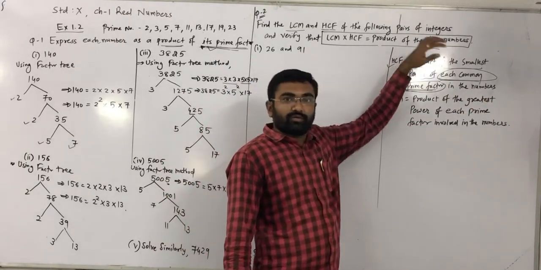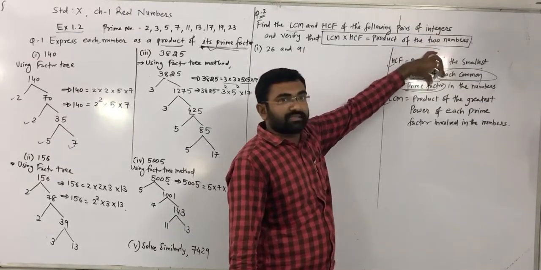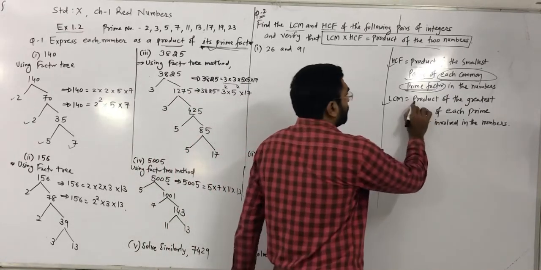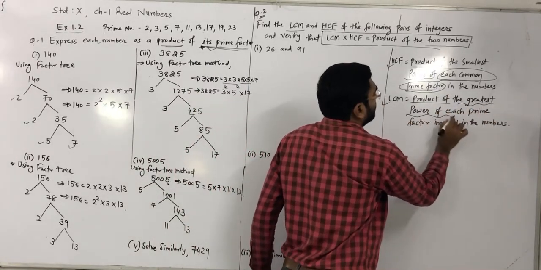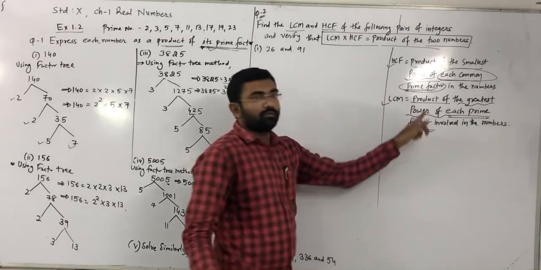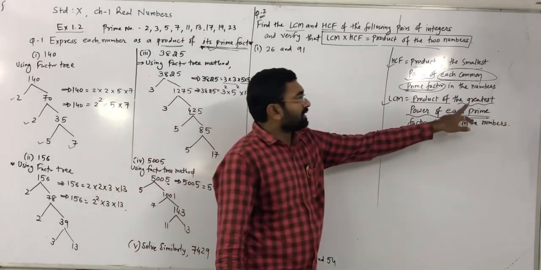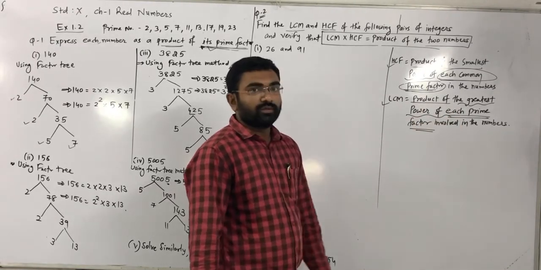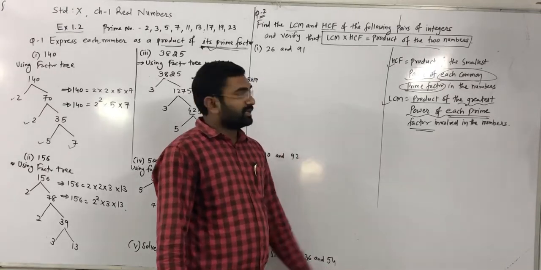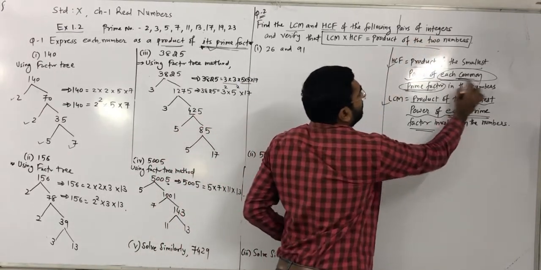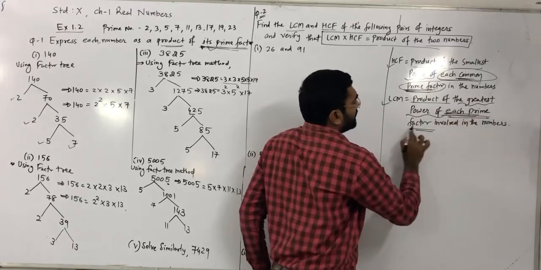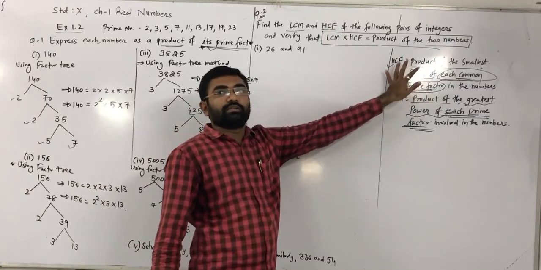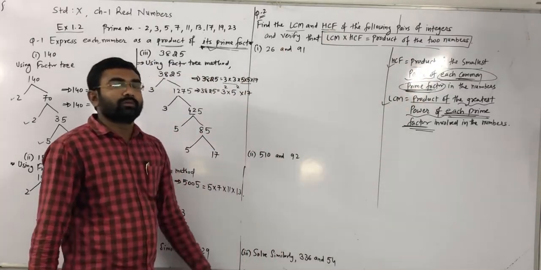In LCM, it is the product of the greatest power of each prime factor involved in the numbers. That gives the LCM of the numbers. The difference is that in HCF we consider the common prime factors, while in LCM we consider each prime factor.